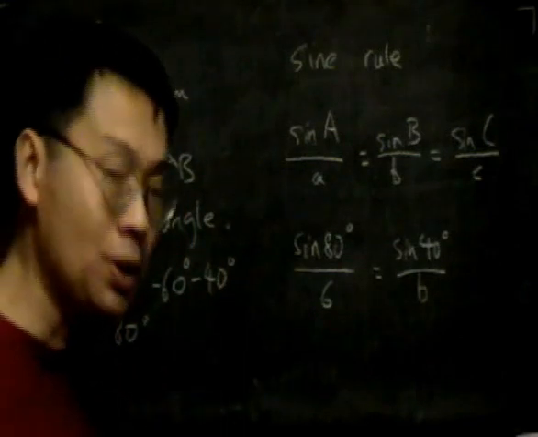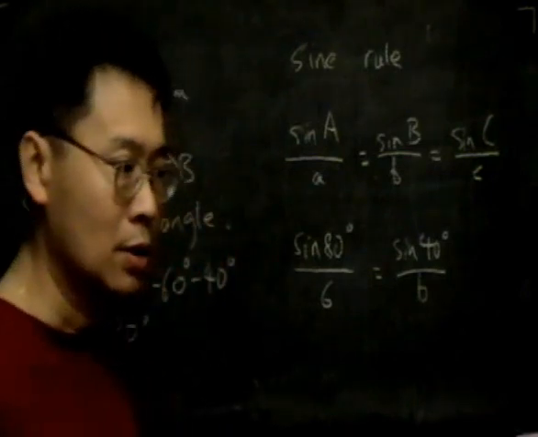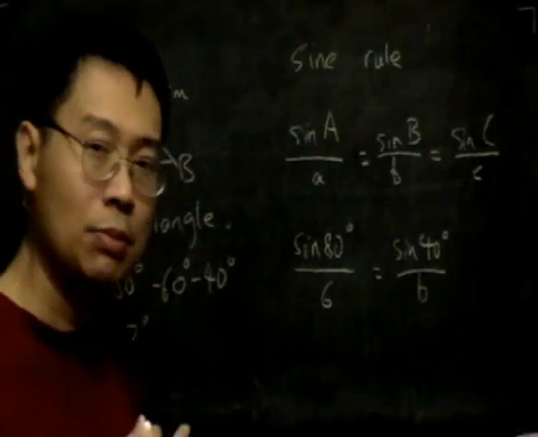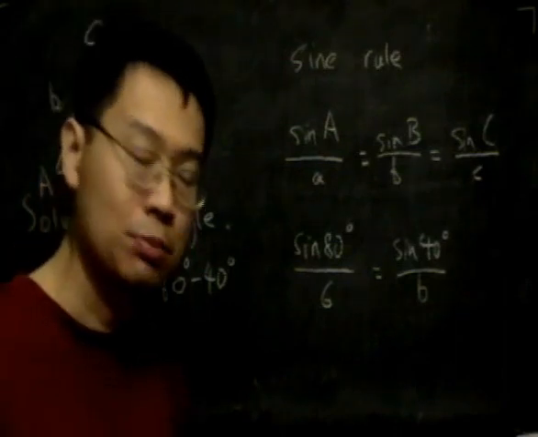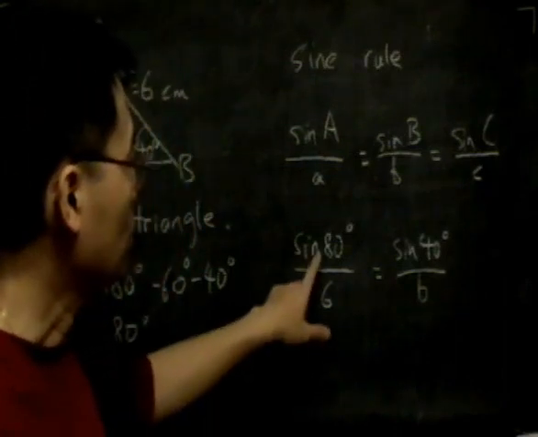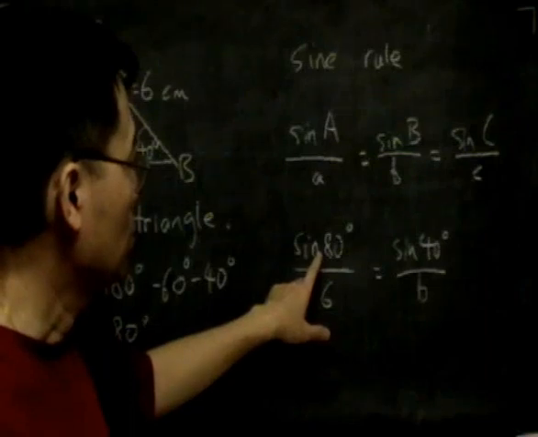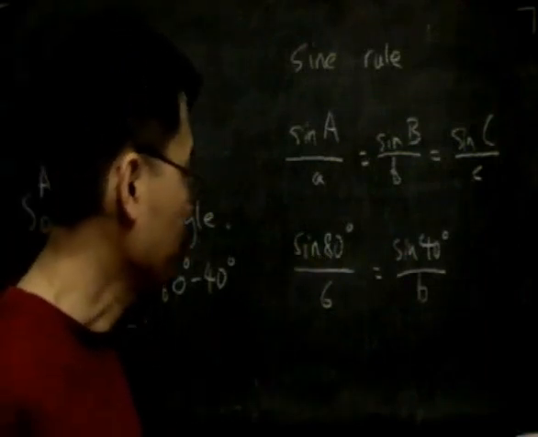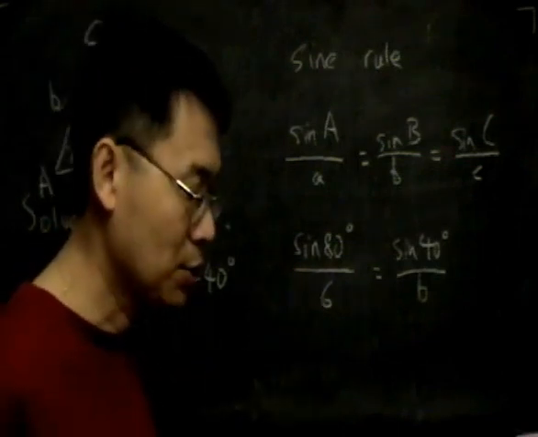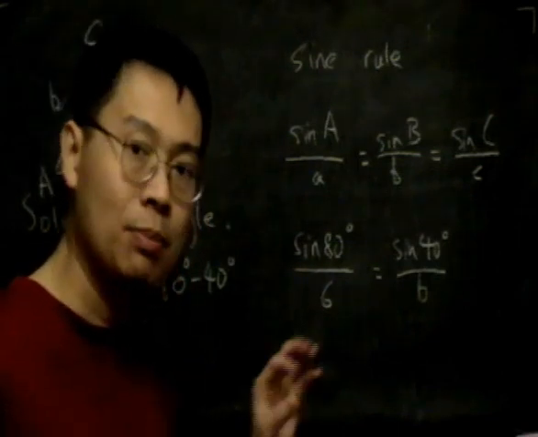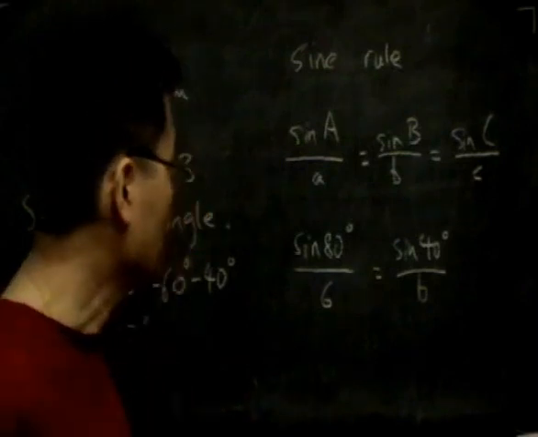However, if you do that, you could have some rounding off errors. Rounding off errors means that when you press your calculator to find, for example, sine 80 degrees, you would normally get a number with many decimal places.